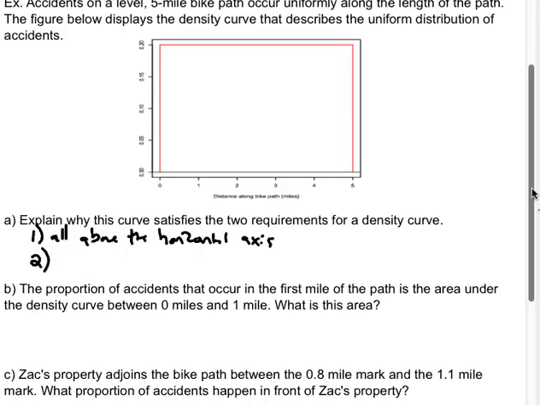The second requirement was the area underneath it must equal 1, okay? Well, this one is easy to calculate because the density curve basically just makes a rectangle. So length, which is 5, times width, which is 0.2, equals 1. So both conditions are satisfied.